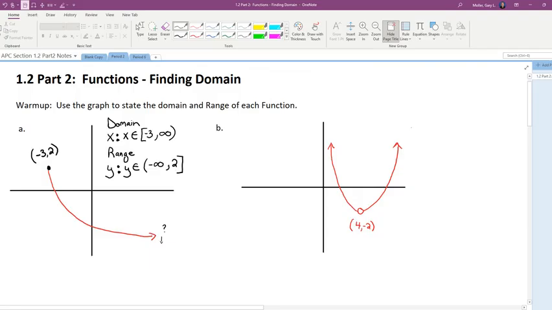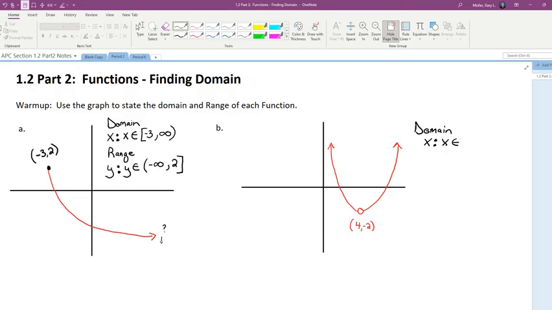All right. The domain on this one, with this parabola design, is going up very big, but we do know it continues to go over. So I would say the domain are all of the x values such that x is an element of what group of numbers? Essentially I want to say everything but 4.